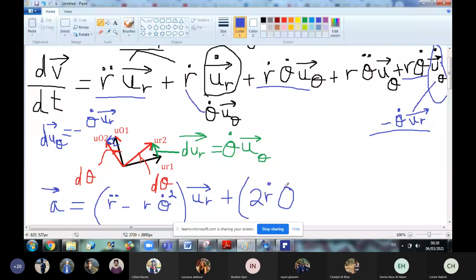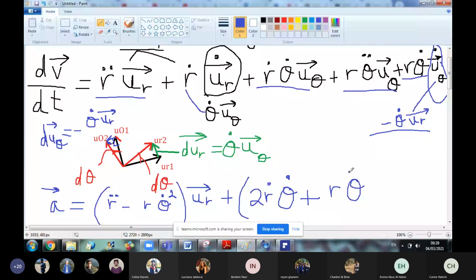Plus I still have one component along u theta, which is r theta dot dot, so plus r theta dot dot u theta.